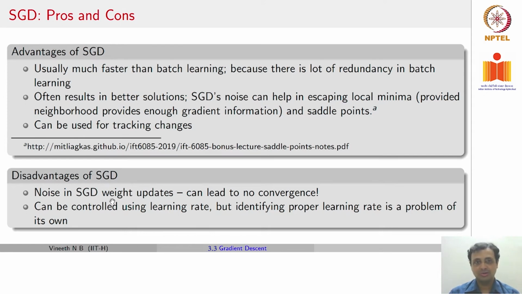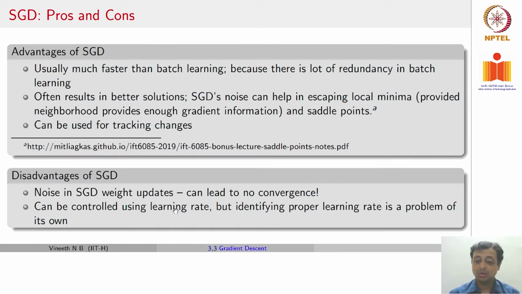So often today in practice, if in the first few iterations you find too much fluctuation in your error, people often simply change the initialization and try again. Which means noise in SGD weight updates can lead to no convergence, but the solution is fairly simple. If in the first few iterations things are not going well for you, just stop. Go back and start at a different location and start all over again. It's fairly a simple solution.